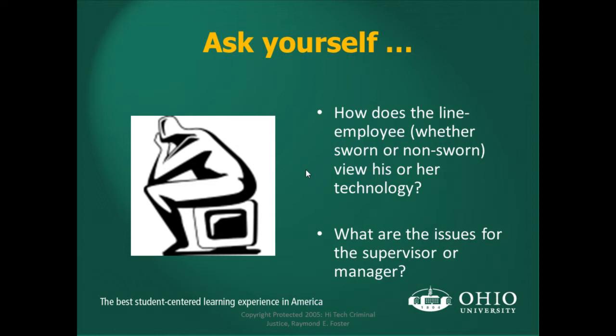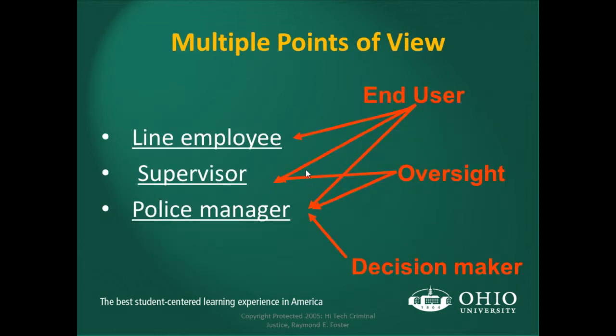The first part of this is to ask yourself, how does a line employee, whether sworn or non-sworn, view technology? In a typical police agency, there are the line officers or patrol officers, and then you have supervisors, sergeants, lieutenants, captains, chiefs, various ranks. You have to look at how those people come into play. The line employee or patrol officers, civilian employees, supervisors, and police managers all fit into the category of end users from a technology standpoint.